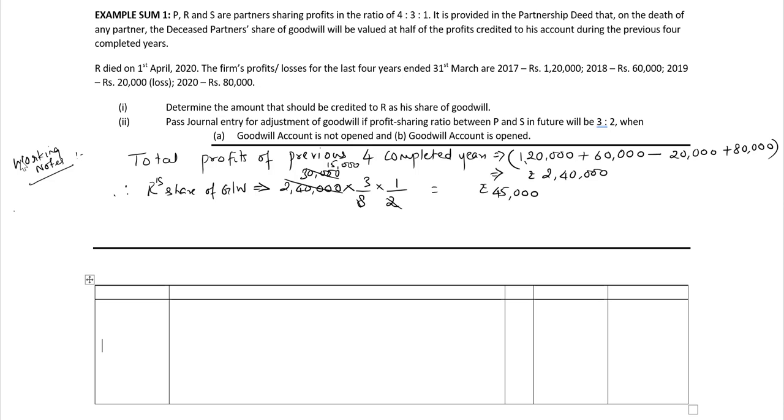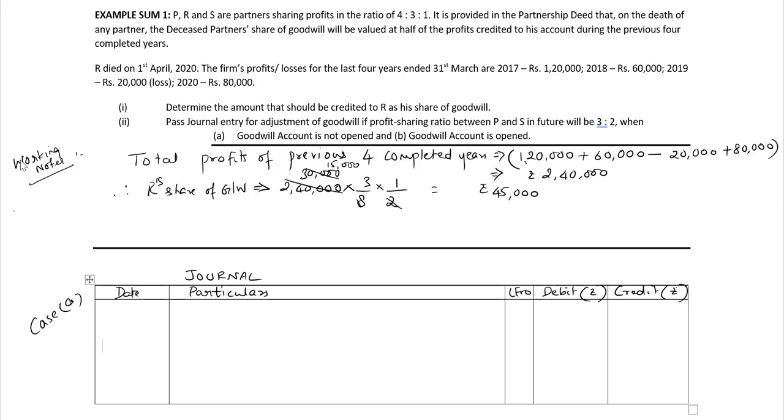Let's go to the second subdivision, to pass the journal entry when the profit sharing ratio between P and S in future will be 3:2. We'll begin with case A. Journal, date, particulars, LF number, debit rupees and credit rupees.